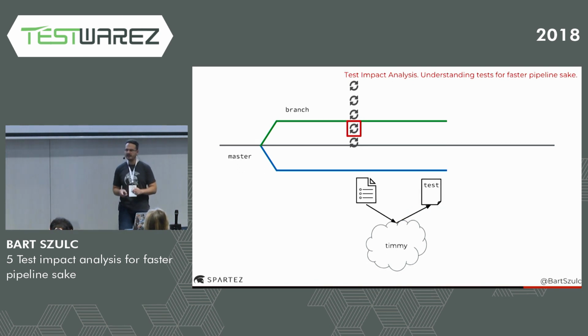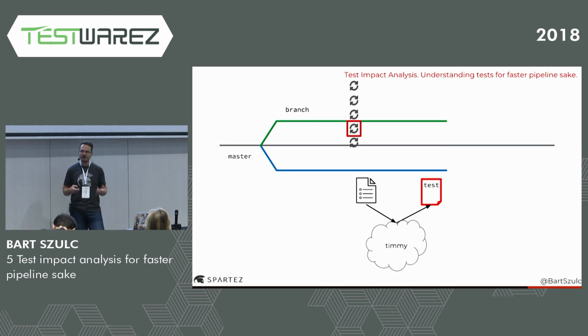And if we spotted that some tests failed, we tried to find whether this test was returned from TIMI. Because if it wasn't, then we would lose very valuable information. This test wouldn't be run anymore, so it wouldn't fail, and probably would cause problems on production.